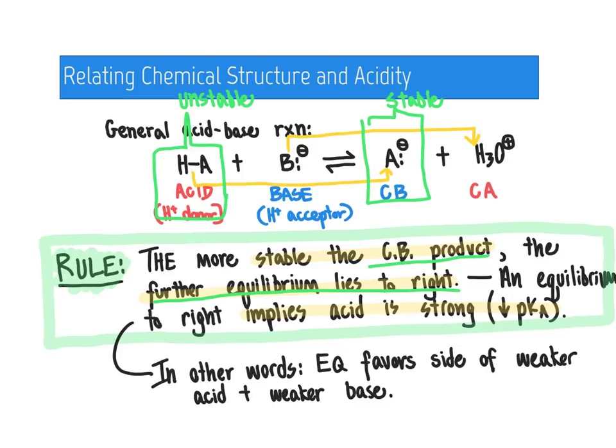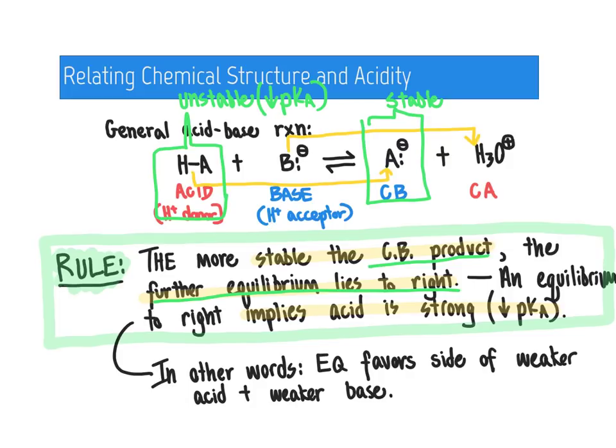So an equilibrium to that right-hand side with an unstable acid is going to refer to an acid where the pKa value of that acid is pretty low. It's a strong acid. So the lower the pKa value of the acid we see up top there, the more stable the conjugate base product that results from that acid-base reaction will be.